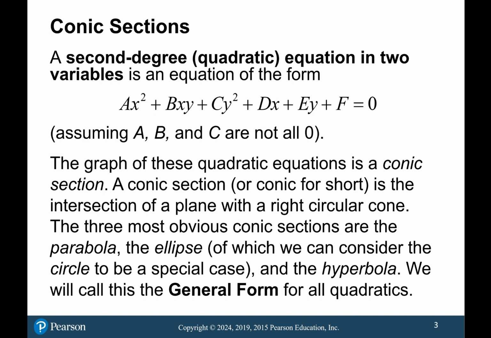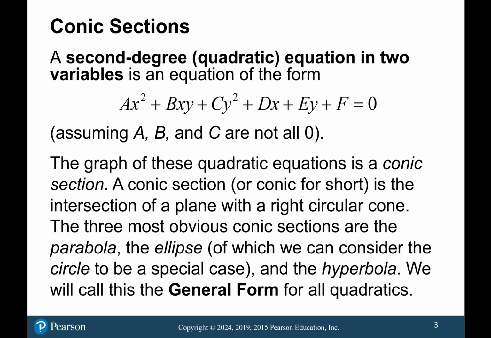Okay, so oh my goodness, that's a mess. This is somewhat intimidating. Don't let yourself be discouraged. This is a second degree equation with two variables. This is as complicated as it possibly can get.